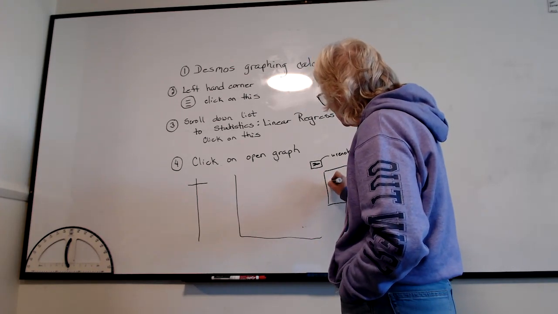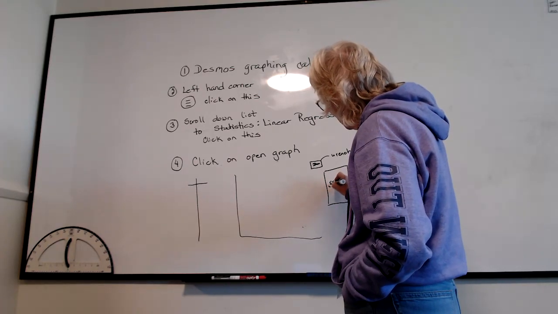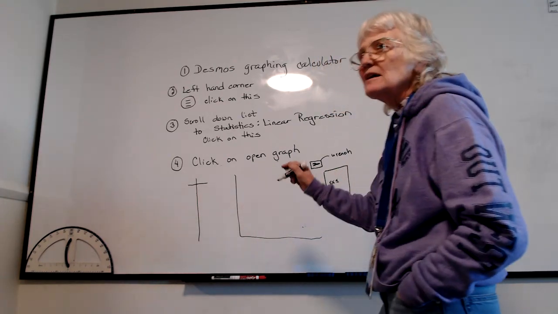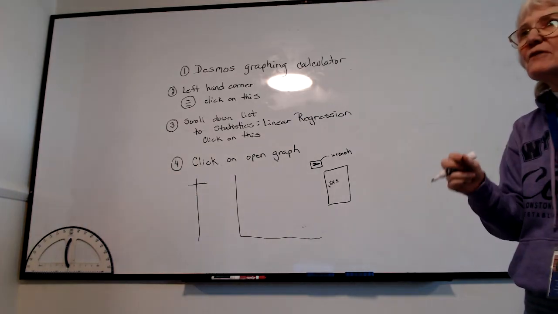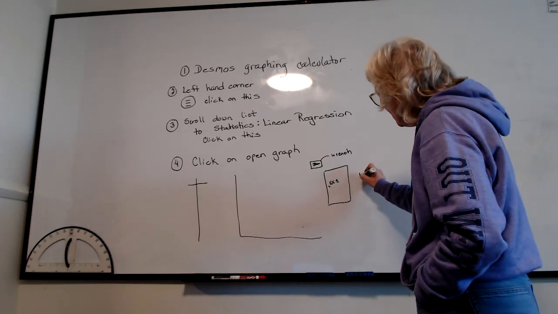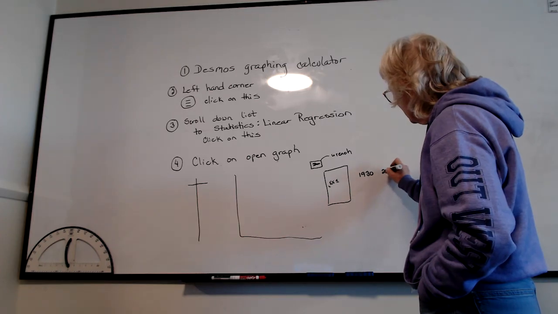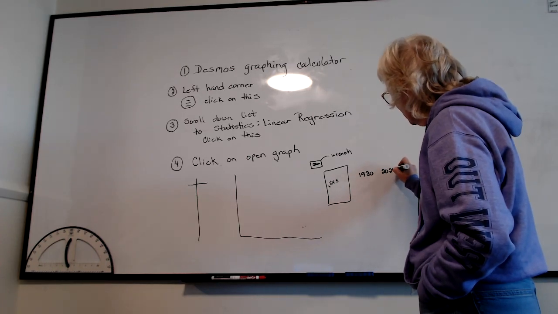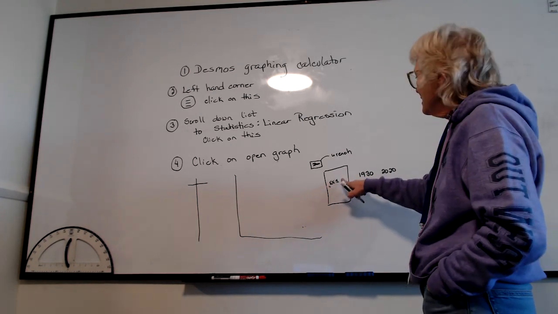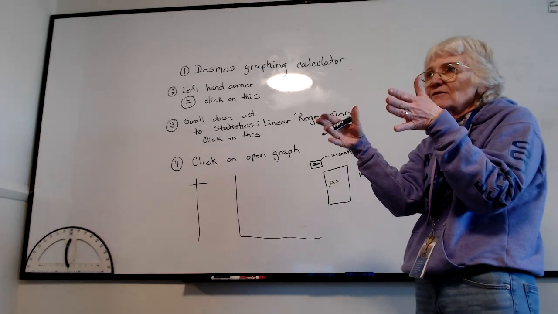You will see that it has what you want, like X is less than or equal to, less than or equal to. Put your two endpoints, like where do I want it to start and where do I want it to end. So in this last one for X, we went from about 1930 up to 2030 or 2020. So in here, you would put those two numbers. 1930 is the smallest, 2020 is the largest, because that will zoom you to those spots on the graph.